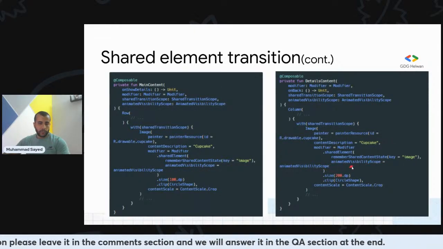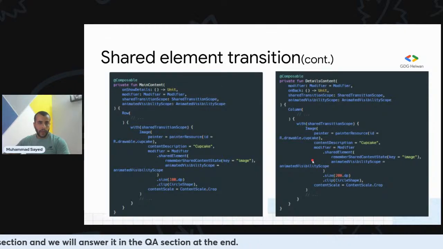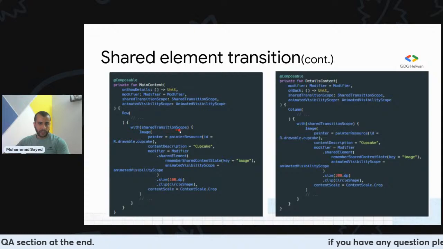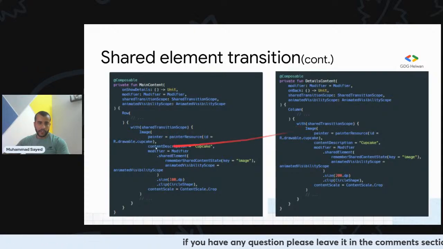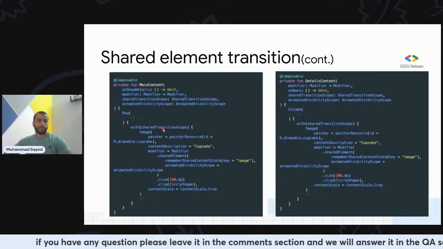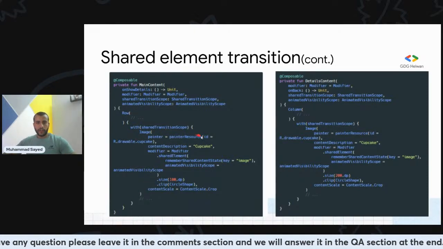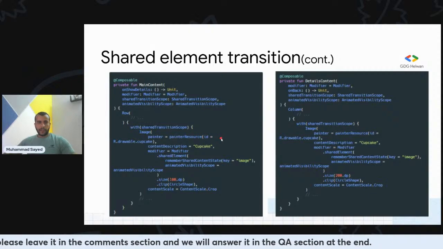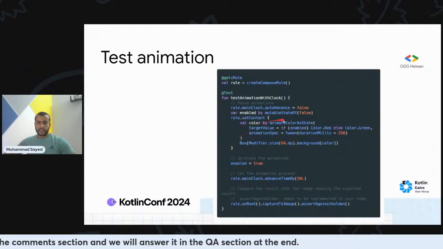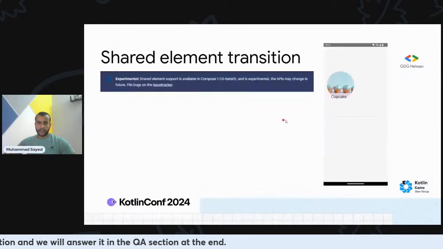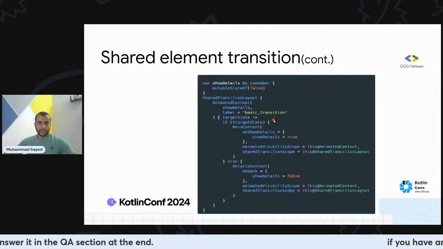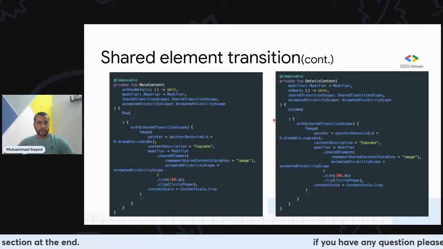It's the same scope in which we are animating the visibility. All of this happens inside the shared transition scope, as I said. So this should be in the context of the shared transition scope. That's it. Very easily we can achieve that animation by doing just these settings, these configurations.